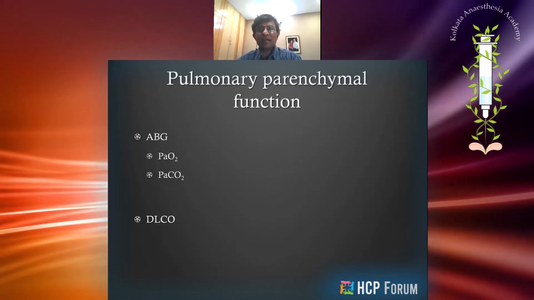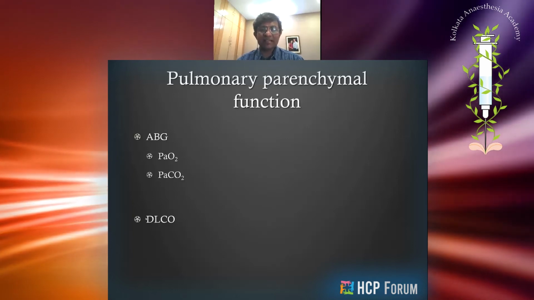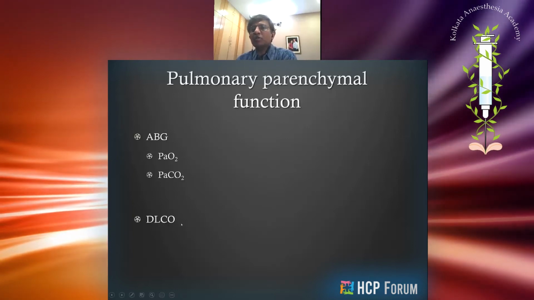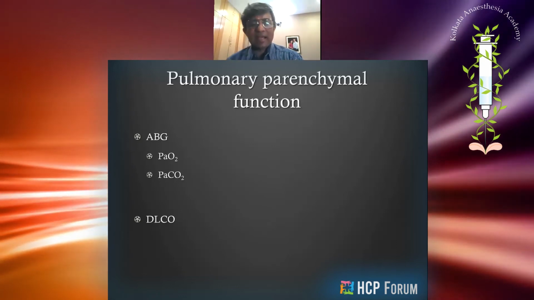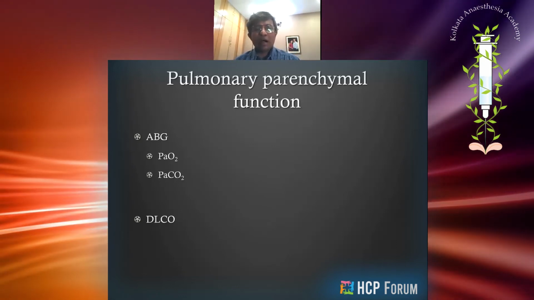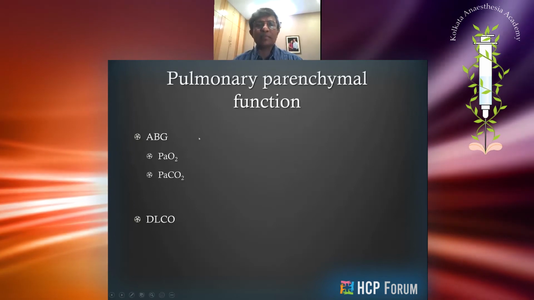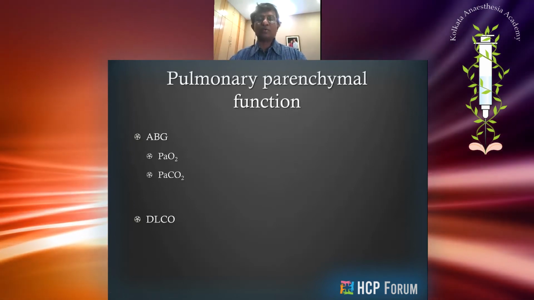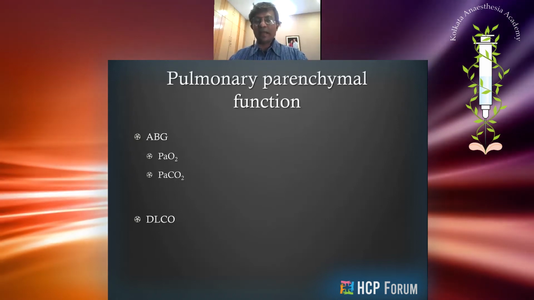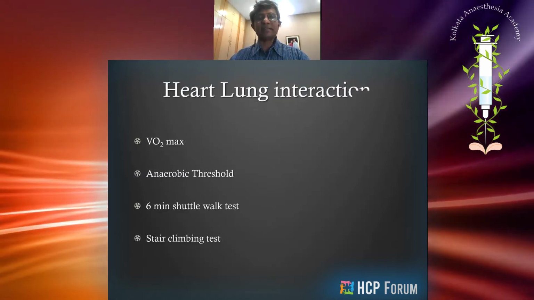The parenchymal function, the ideal test is DLCO, and many pulmonary function labs will give you this. If they are not able to, then the surrogate markers are the ABGs, looking at PO2 and PCO2, which give you a surrogate idea about gas exchange.